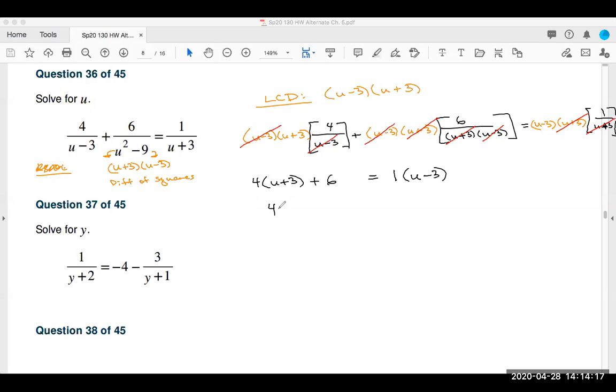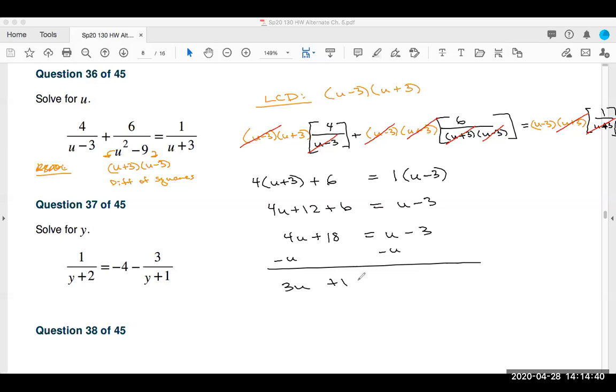Distribute: 4u plus 12 plus 6 equals u minus 3. And then solve for u traditionally. 4u plus 18 equals u minus 3. All u's on one side, all constants on the other side.